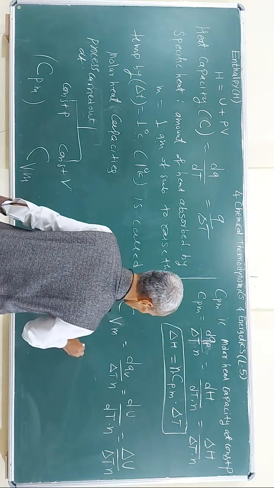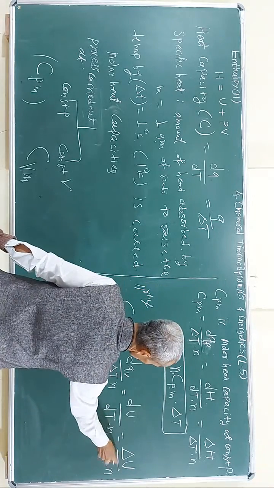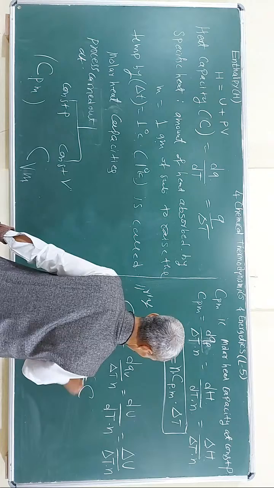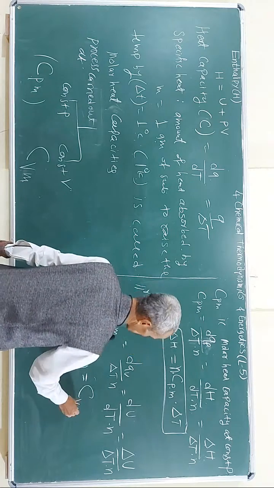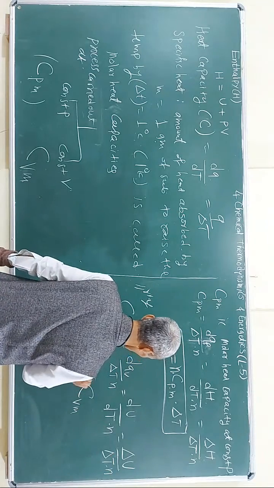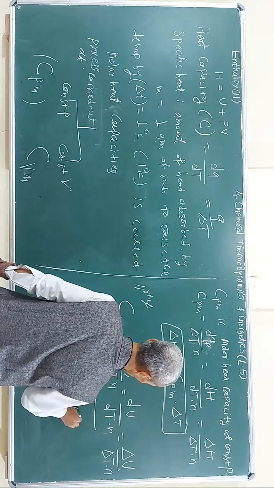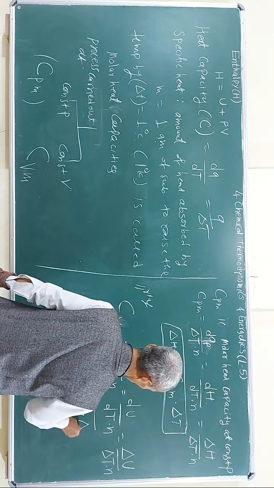That is, ΔU is equal to the molar heat capacity at constant volume, Cvm, times the number of moles n, and ΔT.